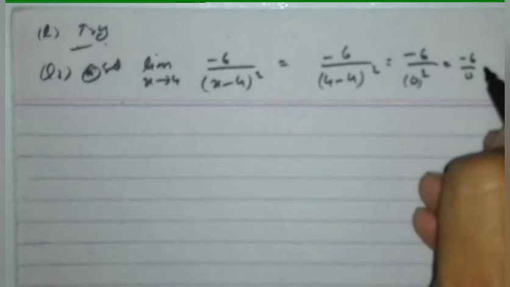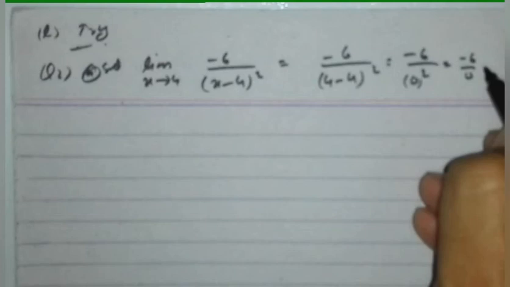Part B, limit x tends to 0, (1 over x plus 3 minus 1 over 3) whole divided by x. So solution, we can write it as limit x tends to 0, 1 over x, (1 over x plus 3 minus 1 over 3).